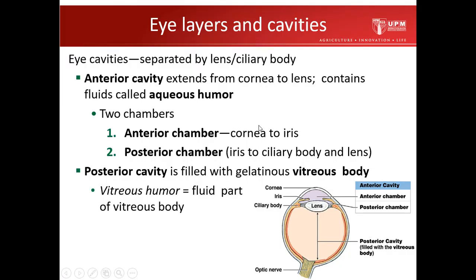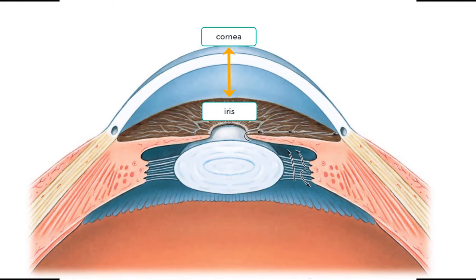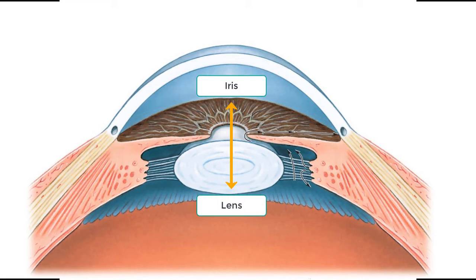The ciliary body and the lens divide the interior of the eye into a small anterior cavity and a large posterior cavity. The anterior cavity extends from the cornea to the iris, while the posterior chamber extends between the iris, the ciliary body and the lens.